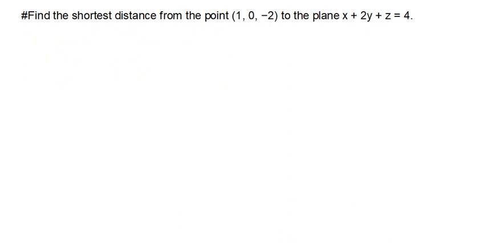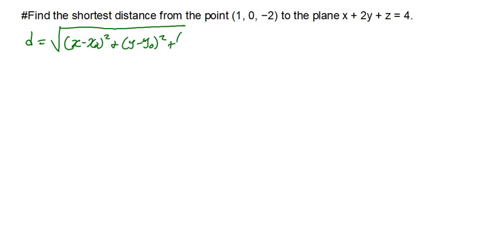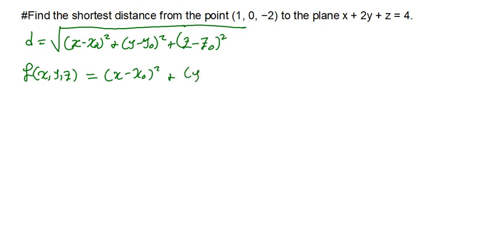So in this case, your distance is simply equal to the square root of x minus x initial squared plus y minus y initial squared, plus z minus z initial squared, like that. Now I'm going to write this in terms of a function, but I'm not going to use a root. Let's say f of x comma y comma z is going to be equal to x minus x initial squared plus y minus y initial squared plus z minus z initial squared, like that.